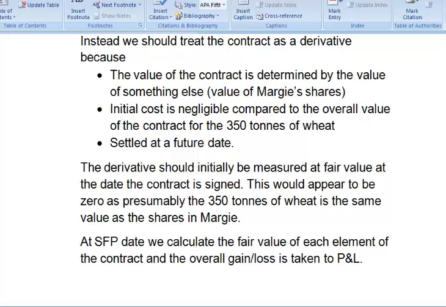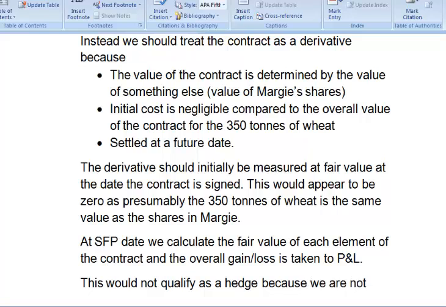Now it does say that Margie wishes to treat this transaction as a share-based payment, and Margie has entered into the contract as part of its hedging strategy. This would not qualify as a hedge because we are not taking delivery of the wheat.